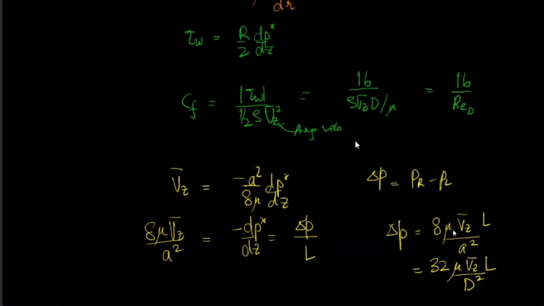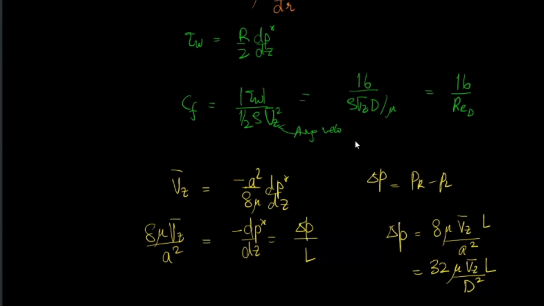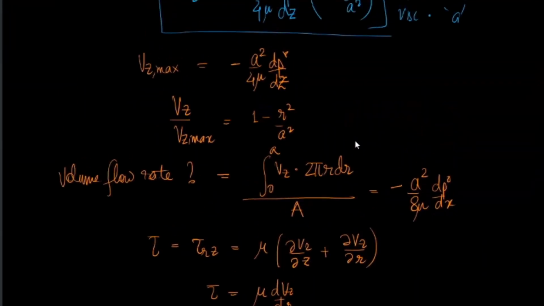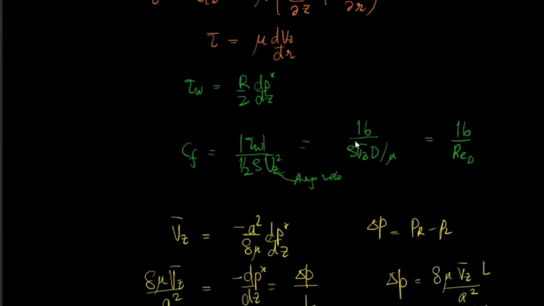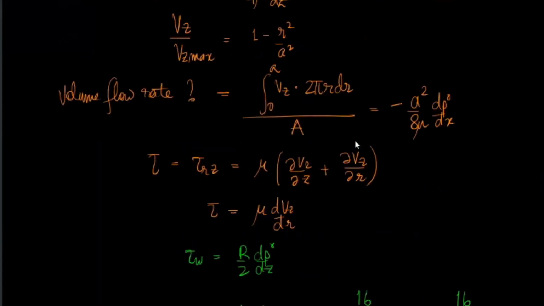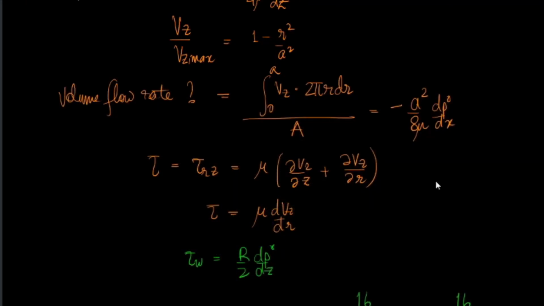Now we can write everything in terms of the volume flow rate also. We want to express this volume flow rate in terms of the average velocity. No, this was not the volume flow rate. In fact, this was the average velocity. This was the expression for the average velocity.